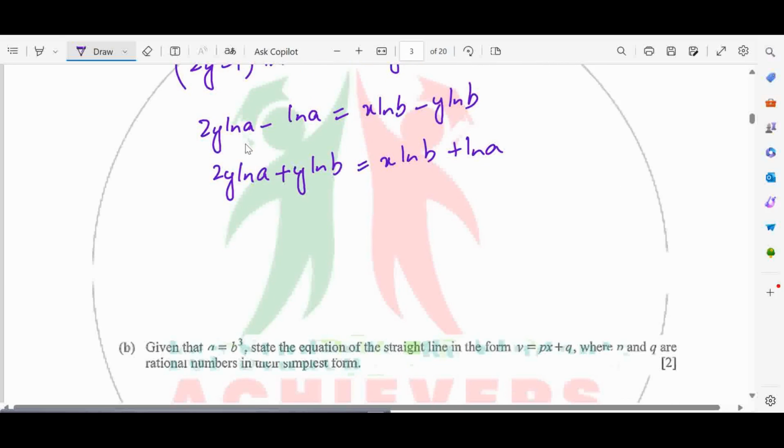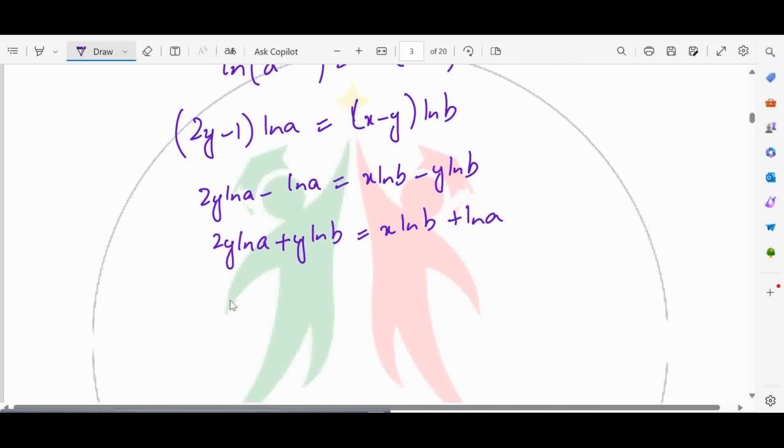Now if we just make y the subject, this will be y into 2 natural log of a plus natural log of b is equal to x natural log of b plus natural log of a.